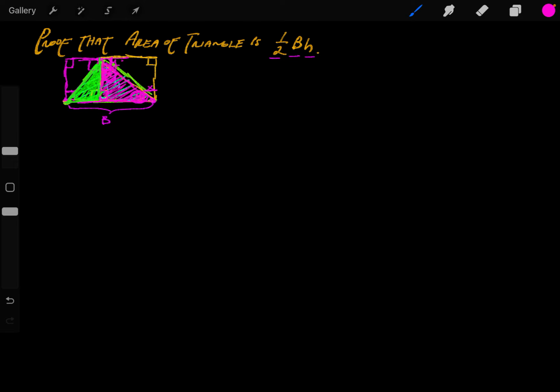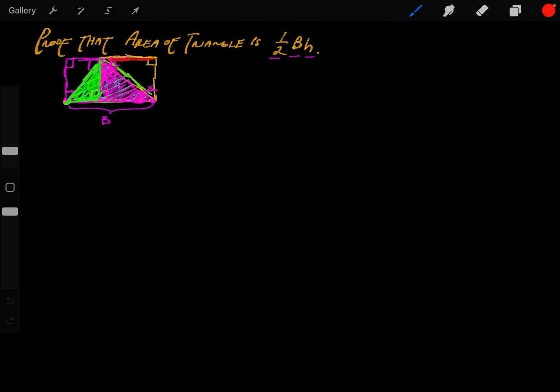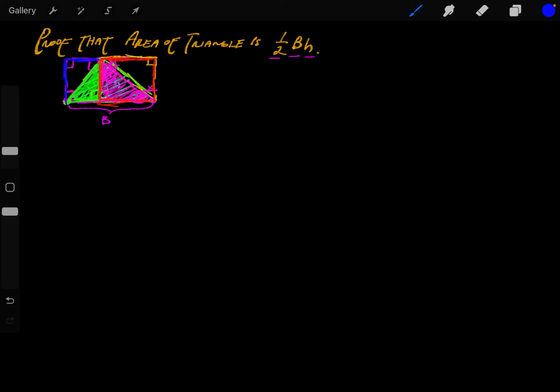And we should start writing equations. Let's box this one in. Let's call this a different color. Let's say it's red. So let's say this is the red rectangle. Let's make it different. Let's say that this is the blue rectangle.